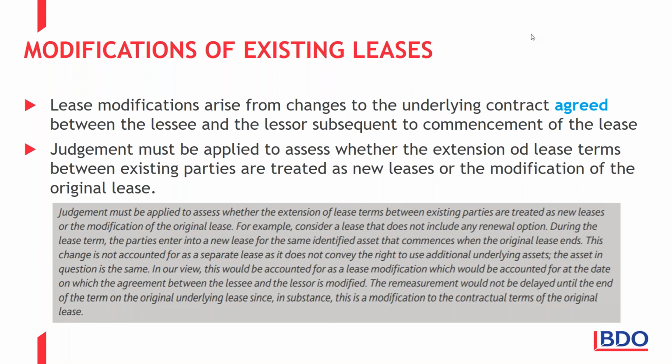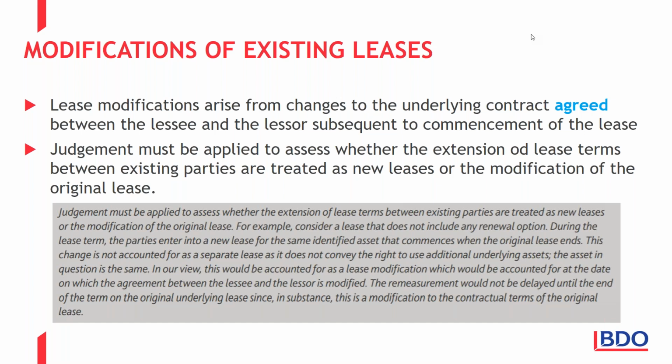Or is it a modification of the existing agreement where we're saying we're extending the term of the original lease from 5 years to 8 years and we are updating the payments, etc.? It's very important to make that decision, because if you negotiate a brand new lease, you'll run out the 5-year lease, and at the end of the 5 years, your right of use asset is zero, your lease liability is zero.